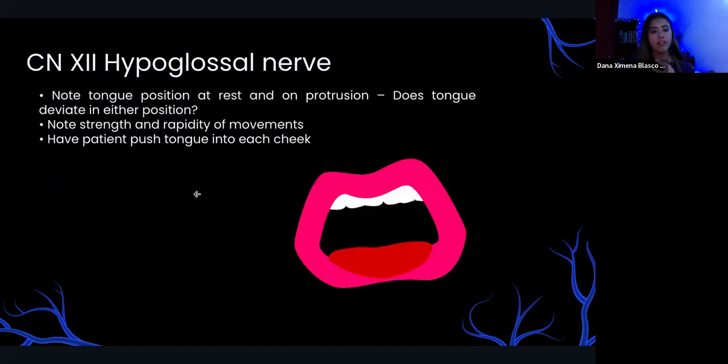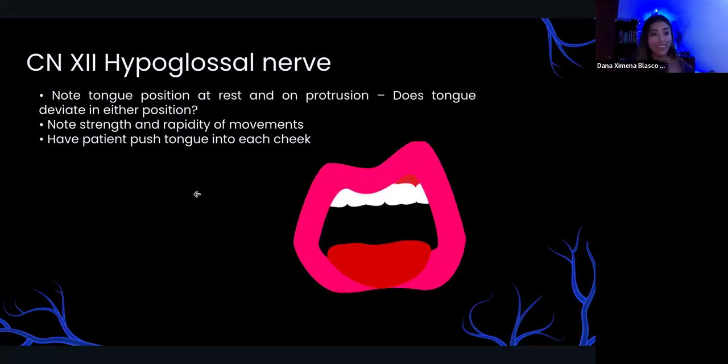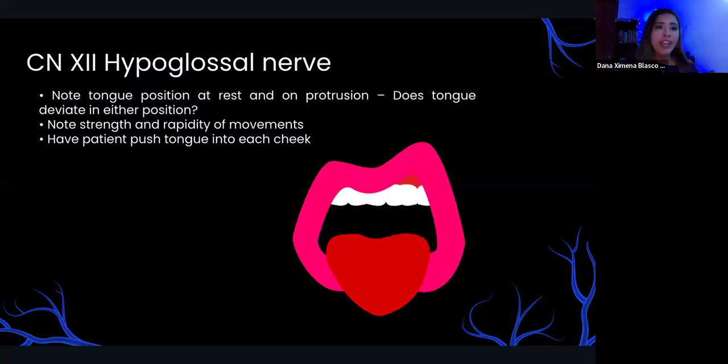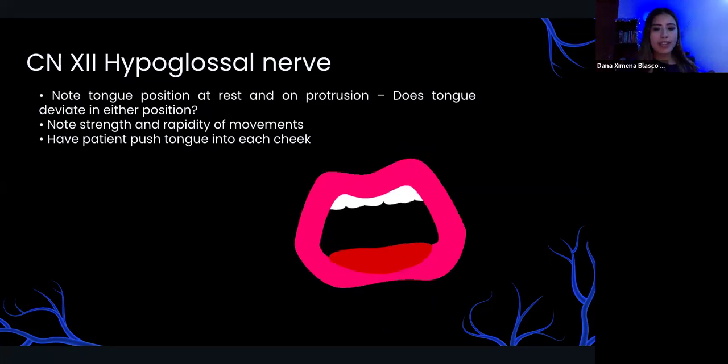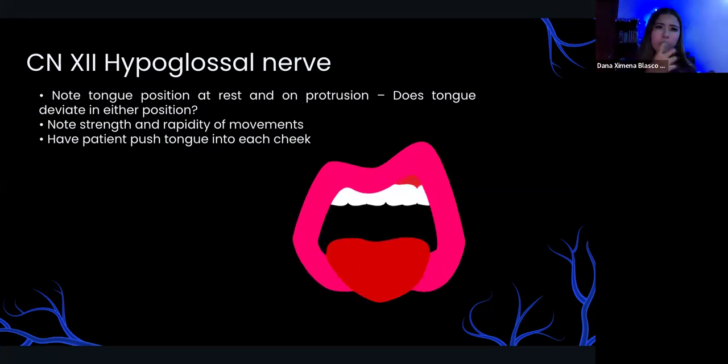And then to finish this part of cranial nerves, the last cranial nerve, number 12, the hypoglossal nerve. First we're going to look at the tongue position at rest and on protrusion. I mean, can you show me your tongue?